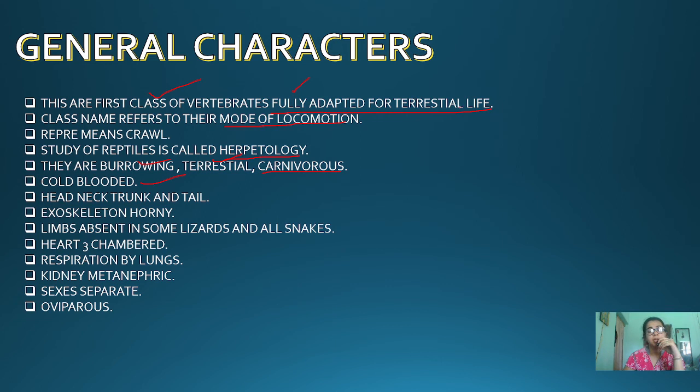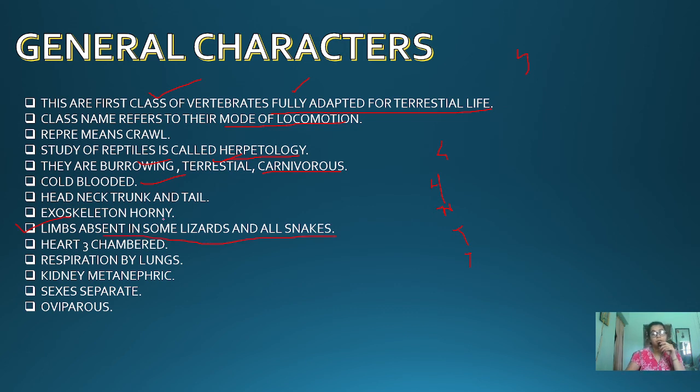If you see a reptile, their body is divided into four major regions, that is the head, the neck, the trunk and the tail region. In some cases, some reptiles, that is the snakes, do not have limbs. This is an important feature, that is the limbs are absent in some lizards and in all the snakes.